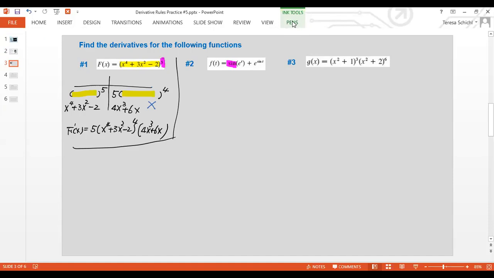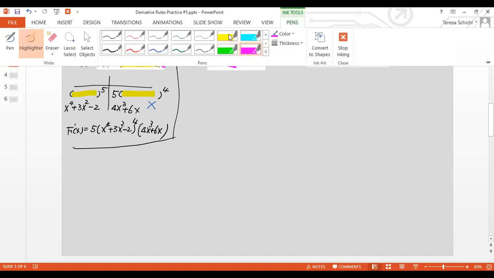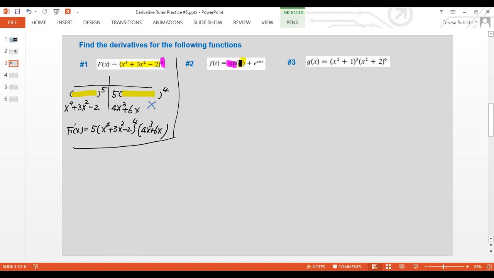So my first layer, my candy part, is the sine, and the inside is my chocolate part. Then the second part is e to the sine t. What do you see as sine t? What is your basic function? It's the exponential function, correct?